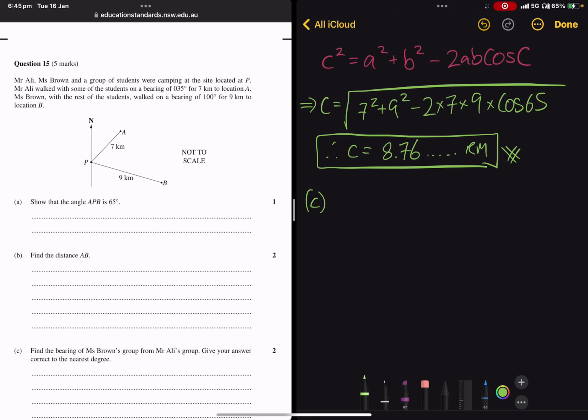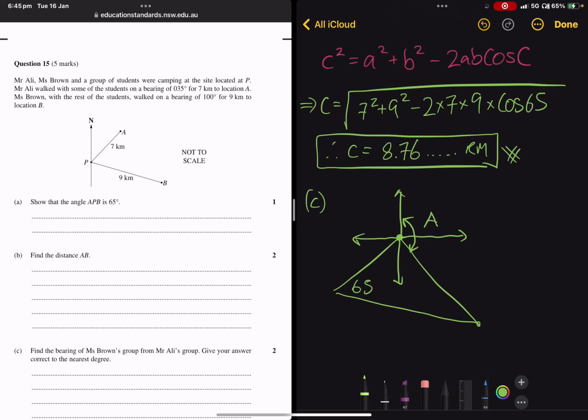So if we draw our diagram again, like so, we know this is 65. This is Mr. Ali's group up here at A. The bearing is from his group. So if we draw a little compass down here, we are after this angle.